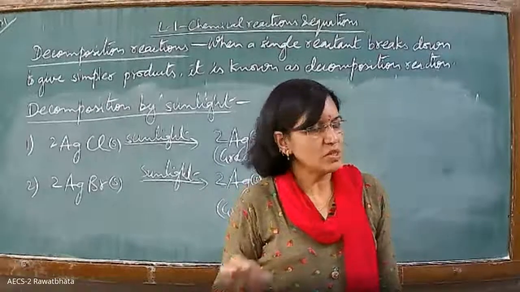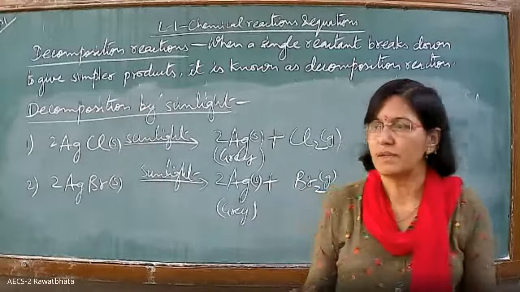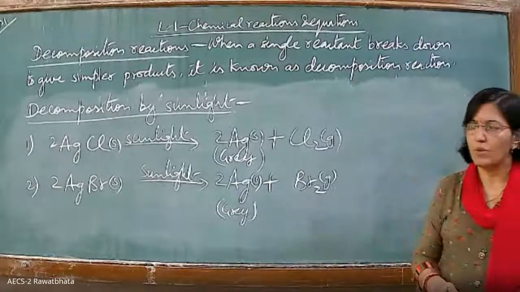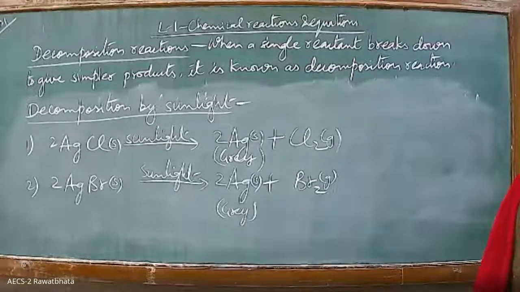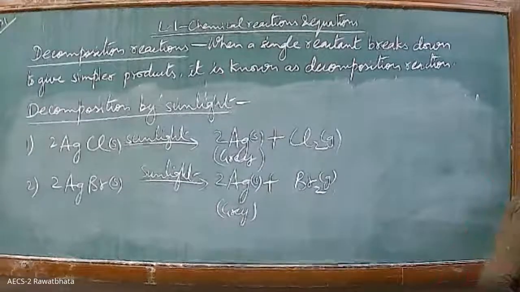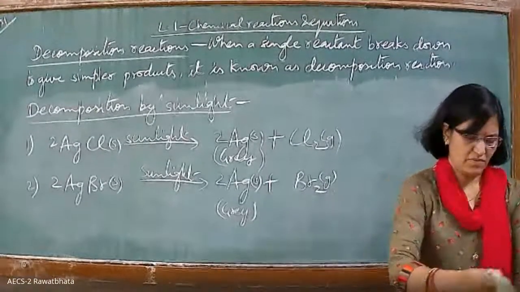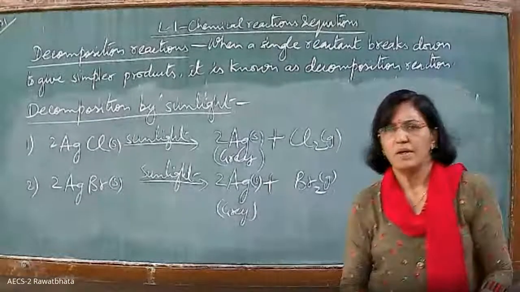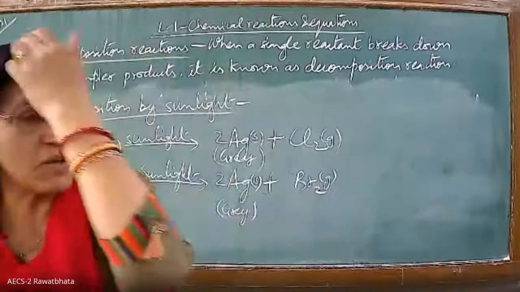Clear? So these small questions may be asked in this. The equations are very simple for decomposition with sunlight. Okay? Note it down fast. Noted? Fine. Let's go ahead with our next type of reaction, and of course, you can say one of the most interesting reactions, and that is displacement.